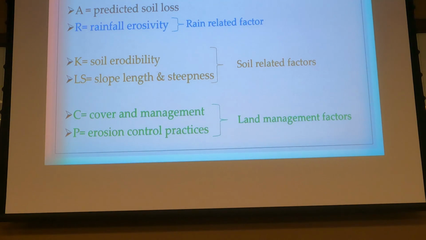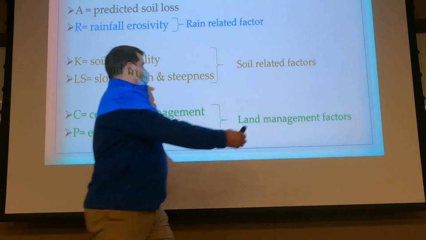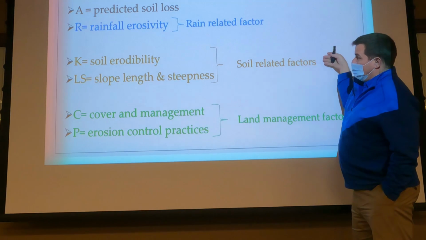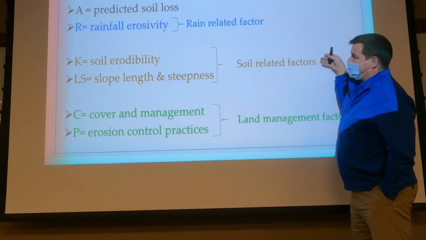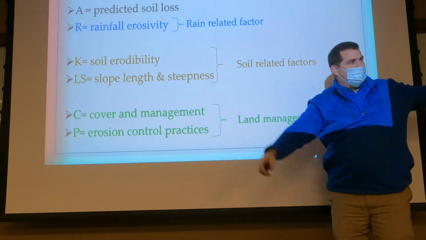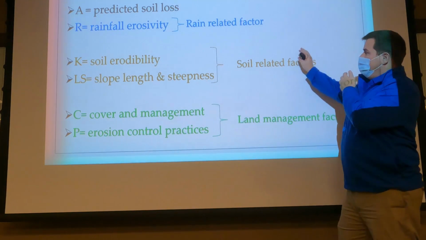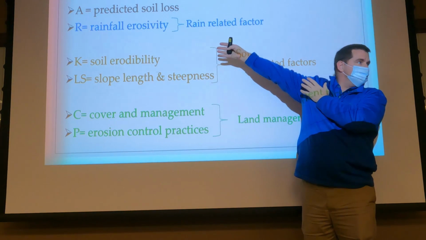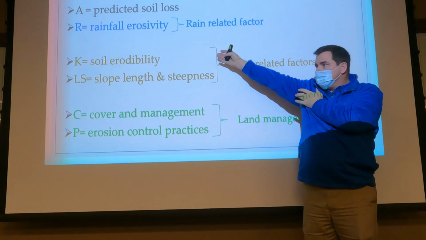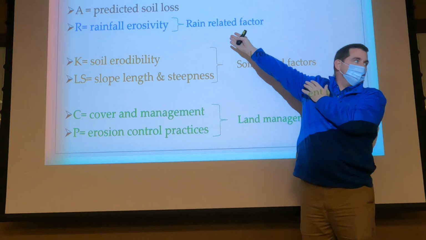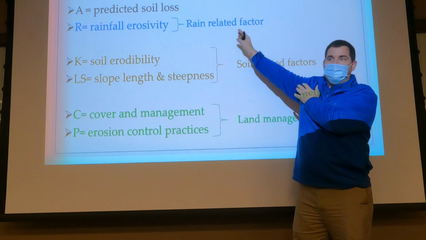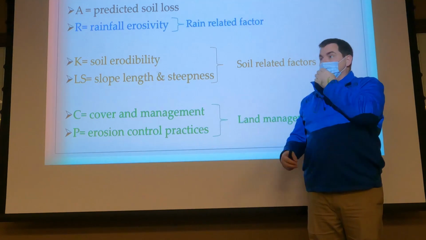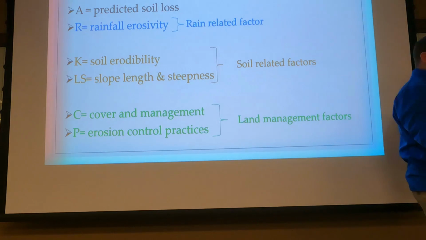Rainfall and our soil factors, our soil erodibility and our slope length and steepness, so how long and at what slope. These two things we don't really have any control over at all. Like, we can't fix the soil type, and we can't change the rainfall. So these are going to be constant numbers based on some table. Like, you'll go find these in a table based on your specific area.